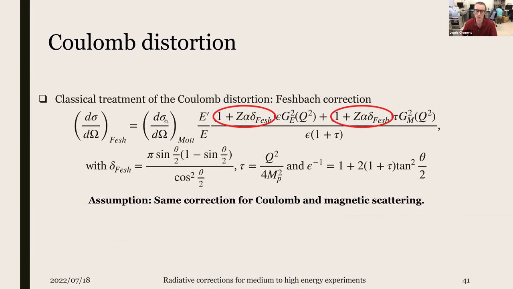We basically take the cross-section obtained with the first order Born approximation, and multiply it by a factor called the Feshbach correction that only depends on the scattering angle. But this assumes that we have the same correction for the Coulomb and magnetic scattering.